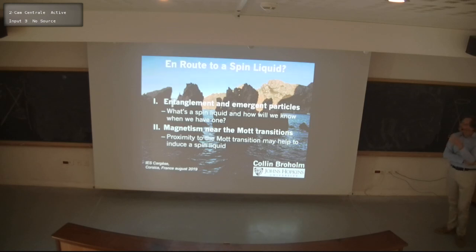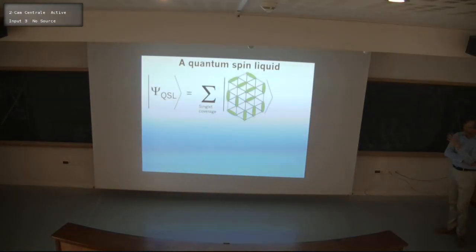So we're going to start off thinking about the quantum spin liquid. I won't go through this very much, but this is kind of the PowerPoint picture of what we think about a resonating valence bond state, a superposition of many, many ways, actually Avogadro numbers of ways, of engaging every single spin in a singlet.